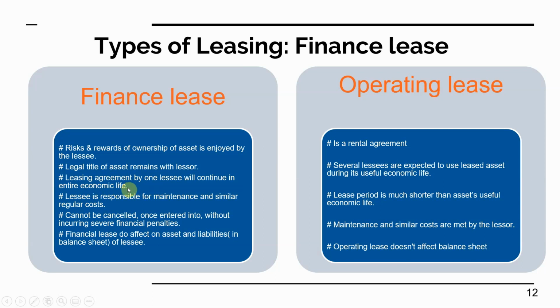Whereas operating leases are continuous and short term, so several leases are expected to use the leased asset during its useful life. Once a lease agreement has been entered, that same agreement will be used for several lessees.